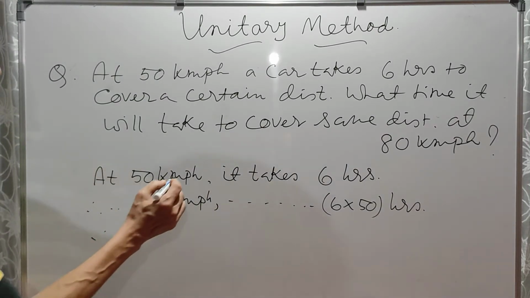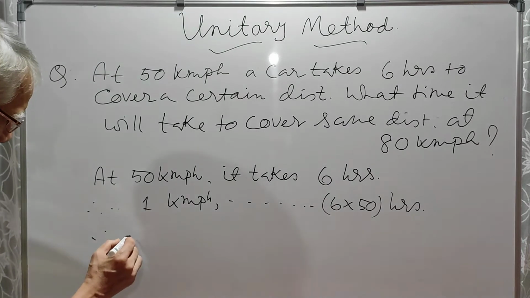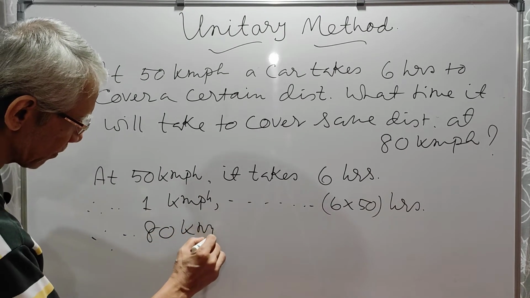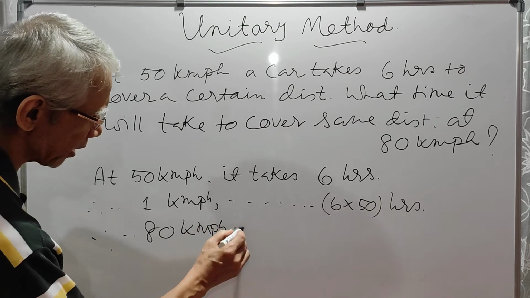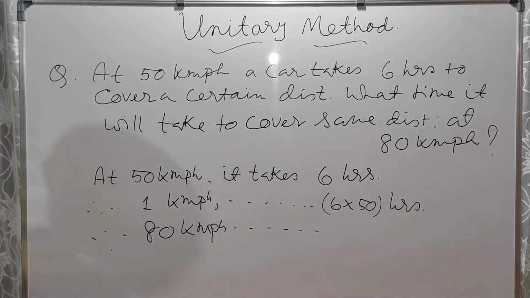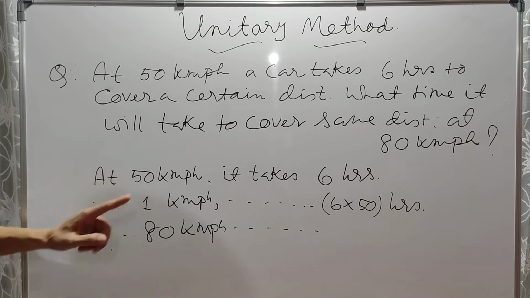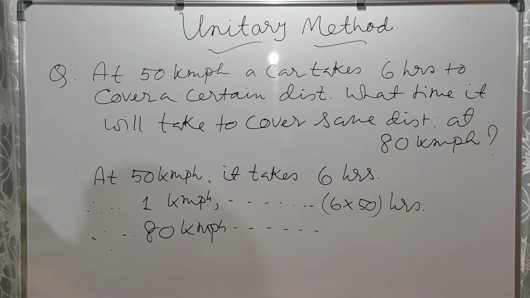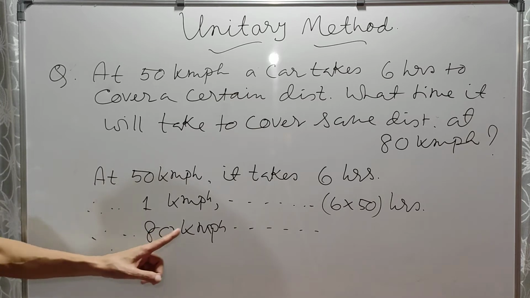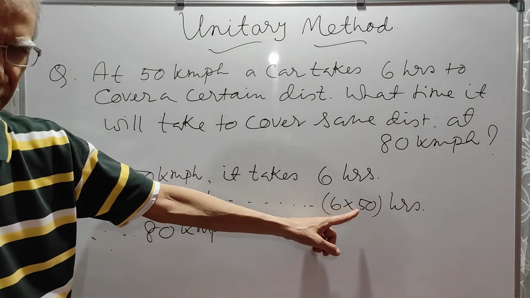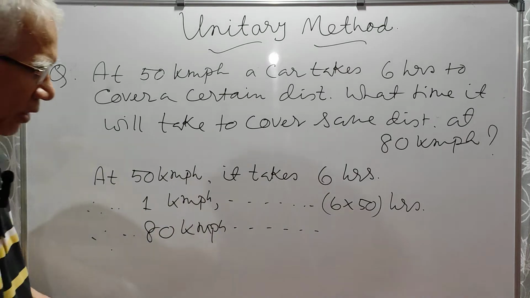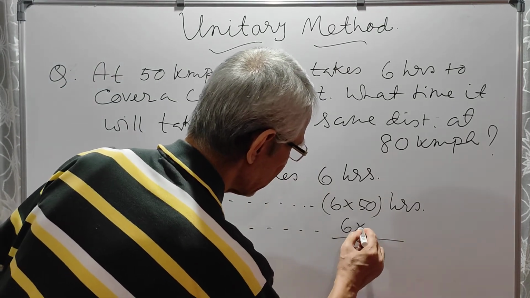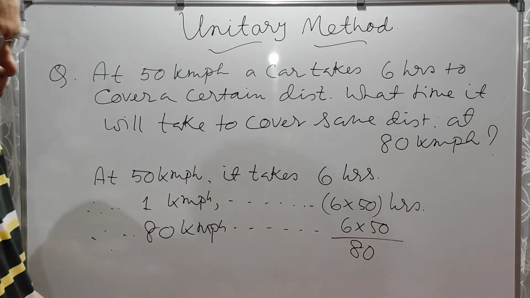Now the question is, 80 kilometer per hour. At 80 kilometer per hour, it will take what time? At 1 kilometer per hour, it takes 6 into 50, so 300 hours. Now if it travels at 80 kilometer per hour, definitely it will take less than this time. So we have to divide. Divide 6 into 50 by 80.